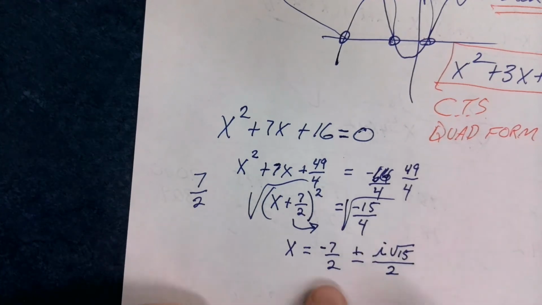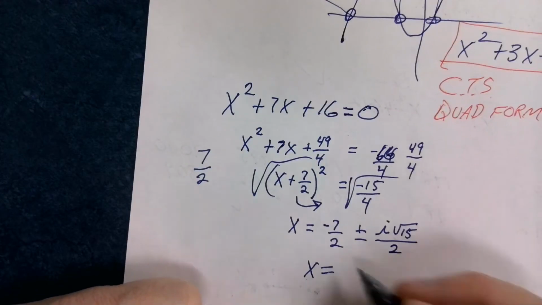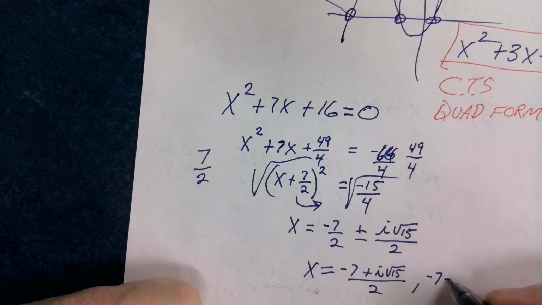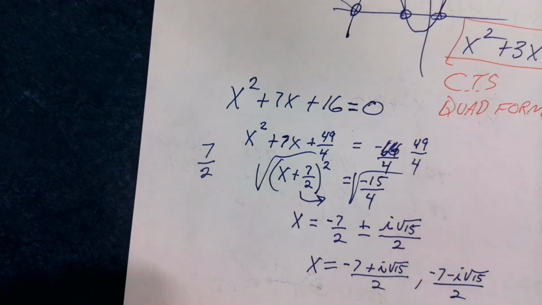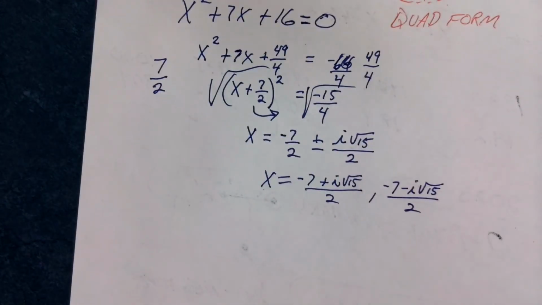You can see now they're both denominators of 2, so my solutions are x equals negative 7 plus i root 15 over 2 and negative 7 minus i root 15 over 2. Those are my other possibilities. Again, that's a big process for the whole thing, but I believe in you. You can do that.